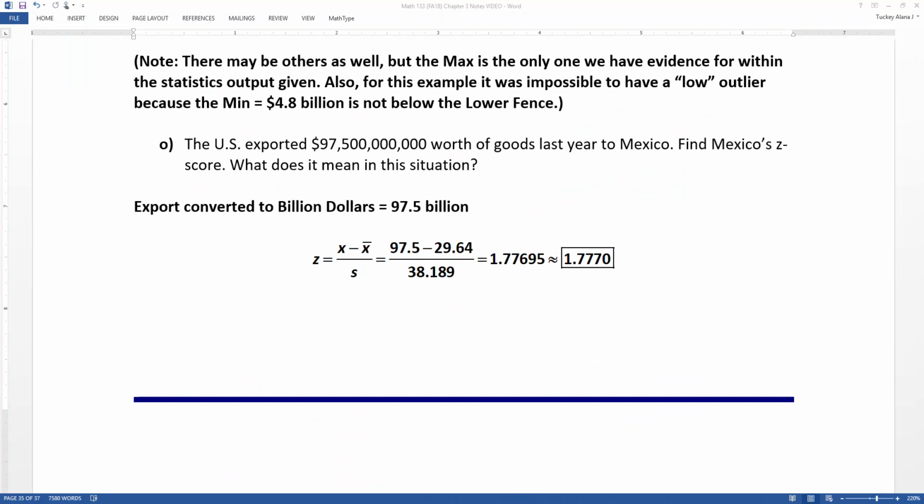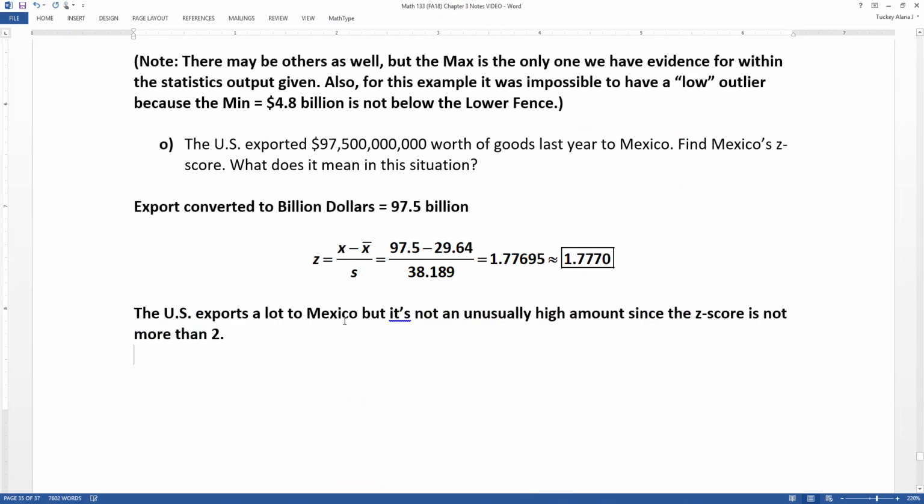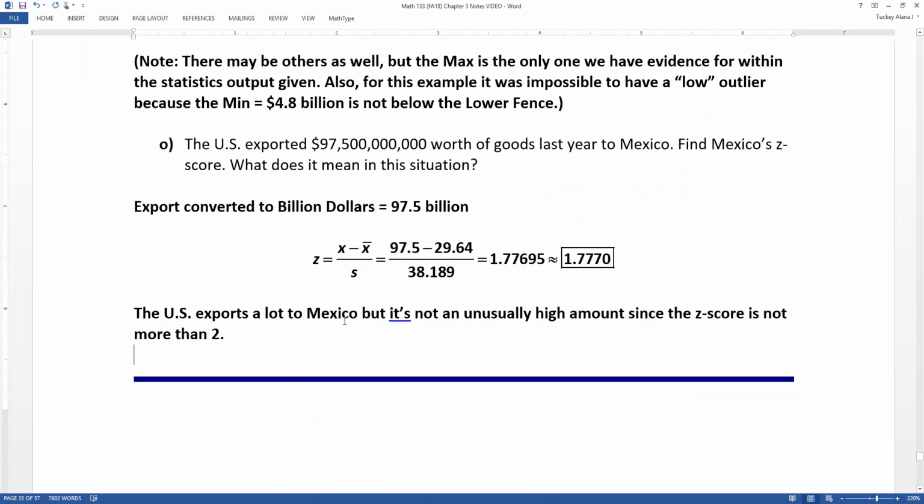Well, the U.S. exports a lot to Mexico, but it's not unusually high because the z-score is not more than 2. Remember, that is the definition for unusual for us. So we export a lot to Mexico. As a matter of fact, Mexico is number 2 in our trading partners. But it's not quite at an unusually high level. We're getting close because it's really high, but it's not at 2.